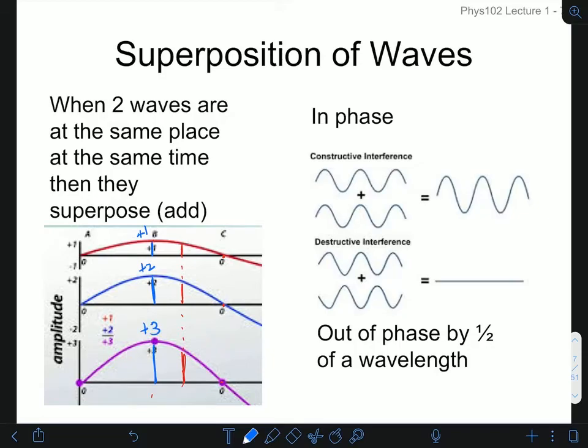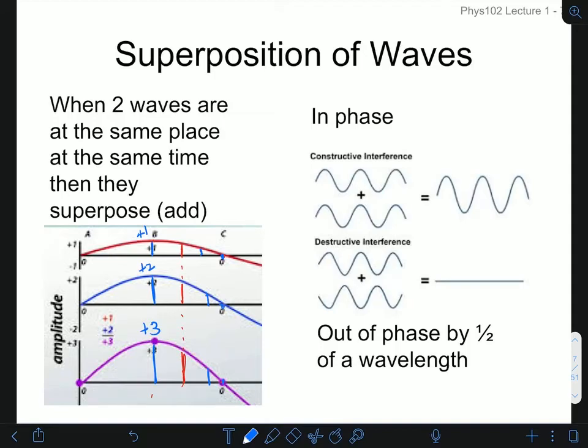At any point on the wave, this amount for the red adds to the blue, and then we'd get that amount for the purple. And here 0 + 0 gives you 0. So that's superposition. Most times these two waves are not in phase, and you don't get an exact total adding, constructive or destructive, but those are the cases that we're most interested in.